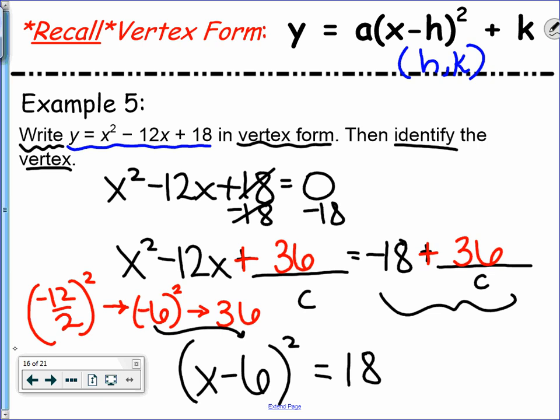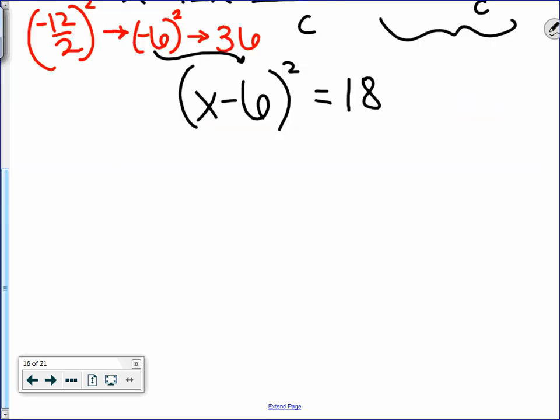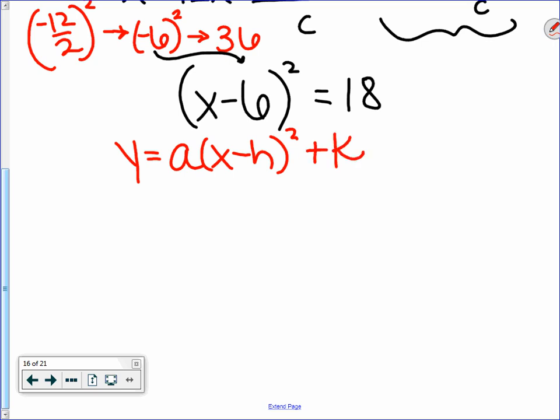So when we write this in vertex form, I'm going to show you vertex form. y equals a times x minus h squared plus k. Okay, I wrote this just like that because I'm hoping you can kind of see what's going on here. Now, the one weird thing that has happened is that this 18 is on the other side. That 18 is going to be your k, but you got to be careful with the sign.